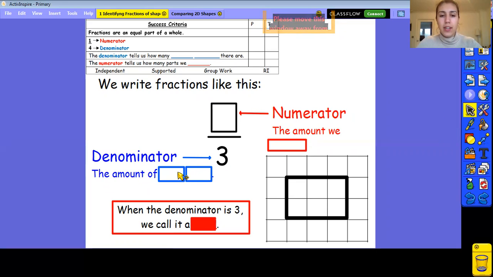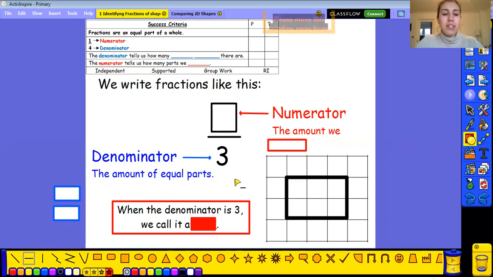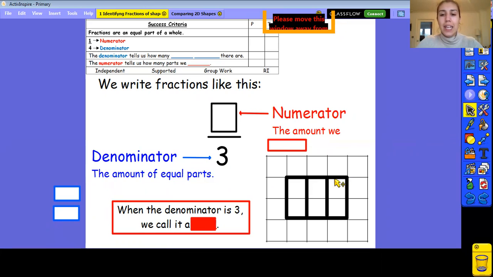Well done if you said the amount of equal parts. Fantastic. So that means that my whole has to be split into 3 equal parts. So each of my parts must be the same size. So I've split my whole into 3 equal parts. There you go. 1 equal part, 2 equal parts, 3 equal parts.